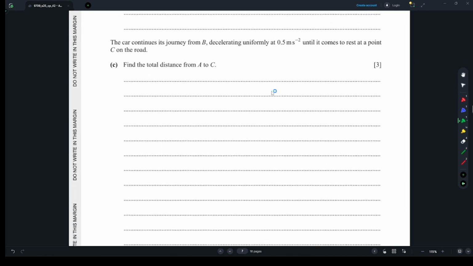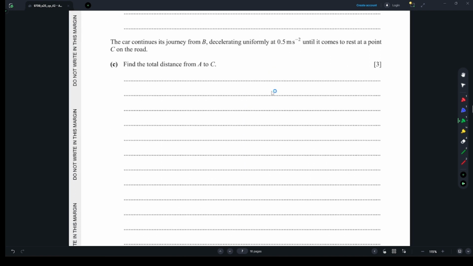Now, here we have another part. The car continues its journey from B, decelerating uniformly at 0.5 until it comes to rest at a point C on the road.